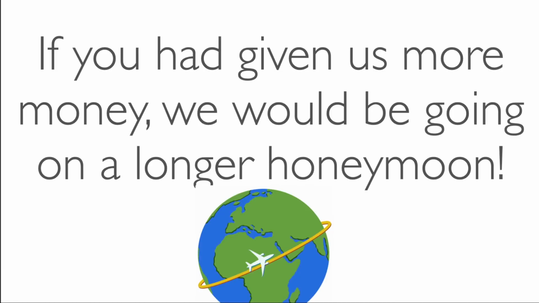That's like saying, look, we can't go on a long honeymoon because you didn't give us enough money. You didn't give us enough presents, in that sense, the gift of money. But if you had given us more money, we would be going on a longer honeymoon. So that's how the past affects the future.